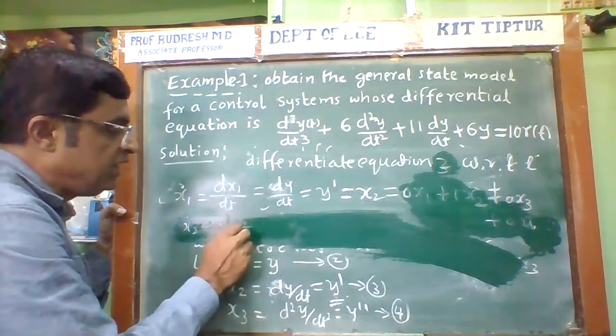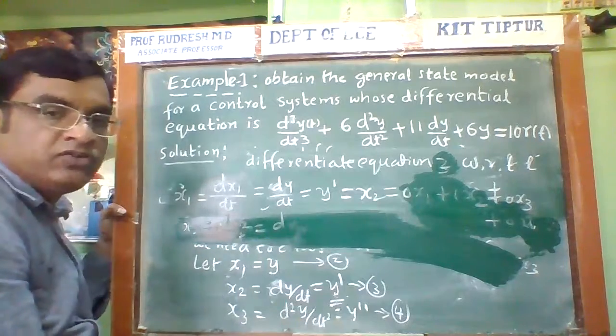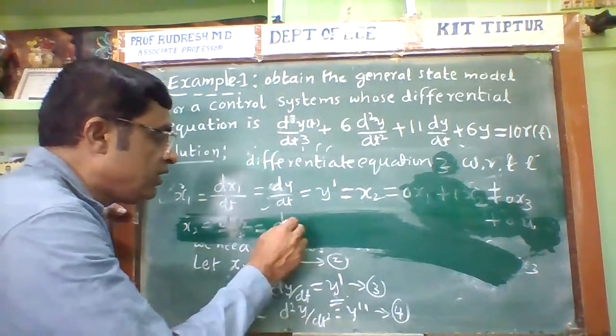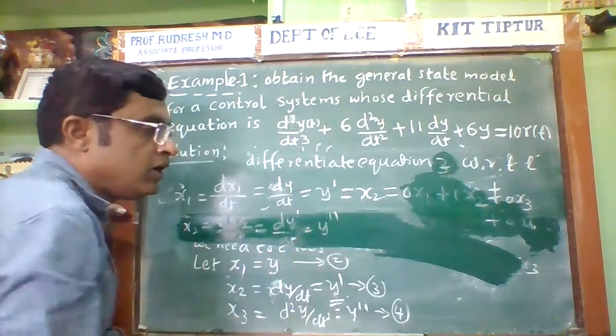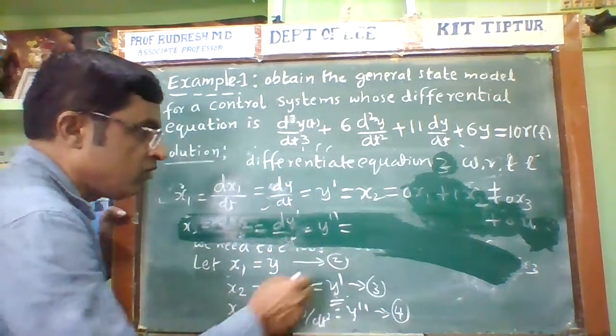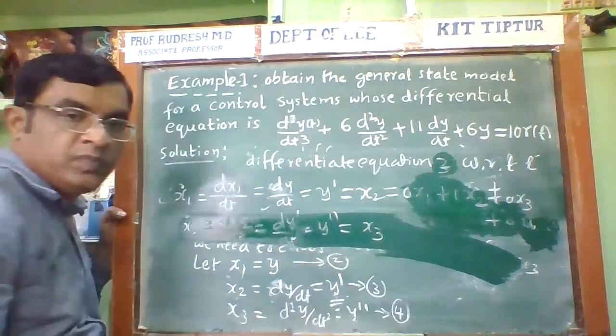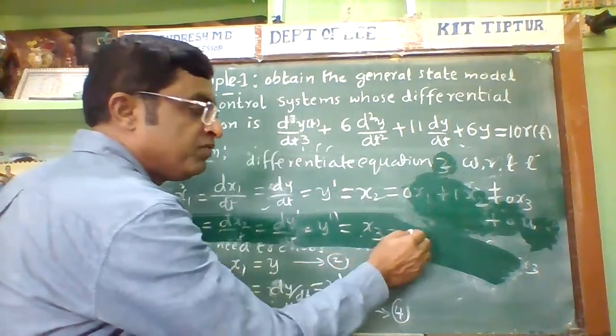dx2 by dt is equal to, if I differentiate y dash, it becomes y double dash. What is the y double dash value? y dash is equal to x3. The other two variables, x1 and x2, are absent.